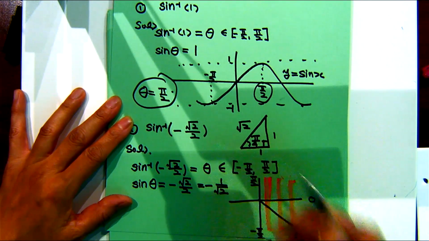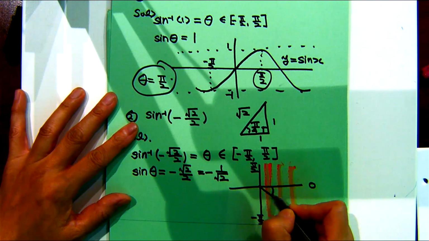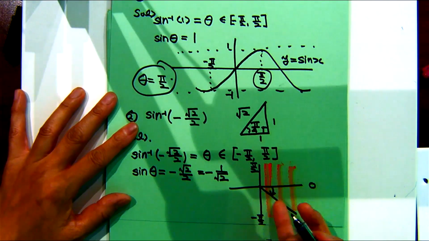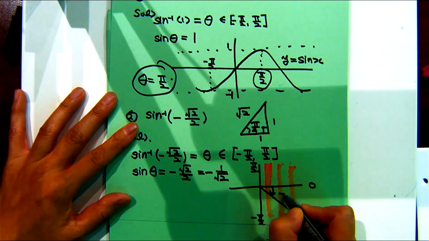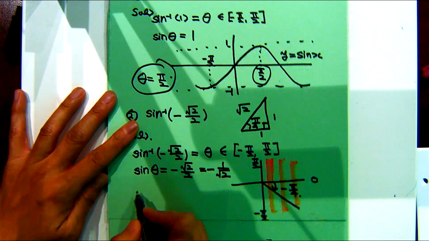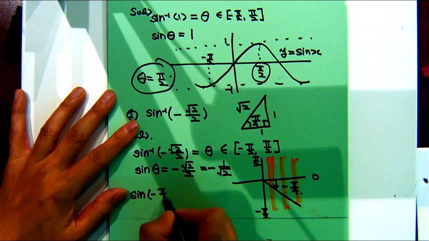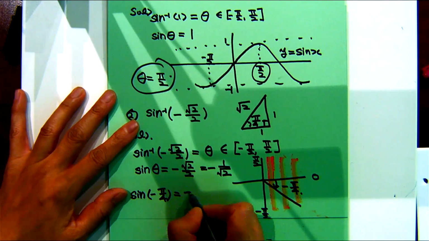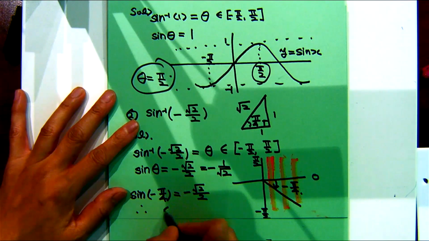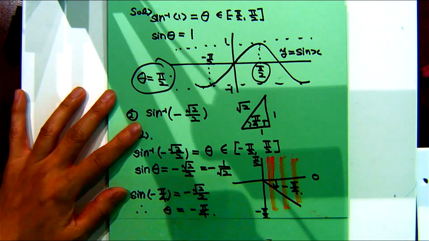This is pi over 4. But that angle is in the fourth quadrant. So we go the other way, and then this angle is minus pi over 4. So we can say that sine of negative pi over 4 equals negative square root of 2 over 2. Therefore, theta equals minus pi over 4.